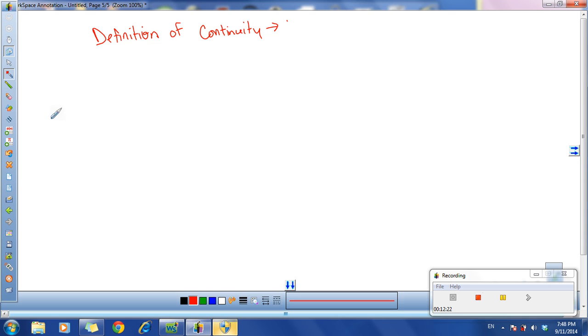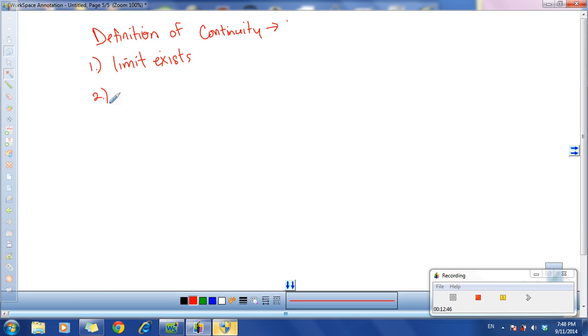And another top thing that you need to know is the definition of continuity. Okay, so I showed you where your limit can fail to exist, and now we have a definition of continuity. So in order for a function to be continuous, it must have a limit. So the limit exists.